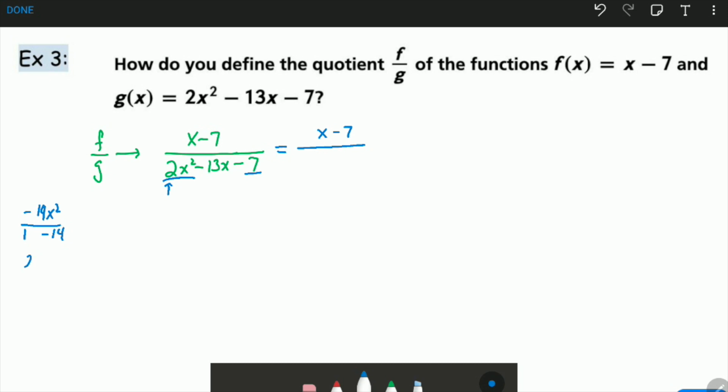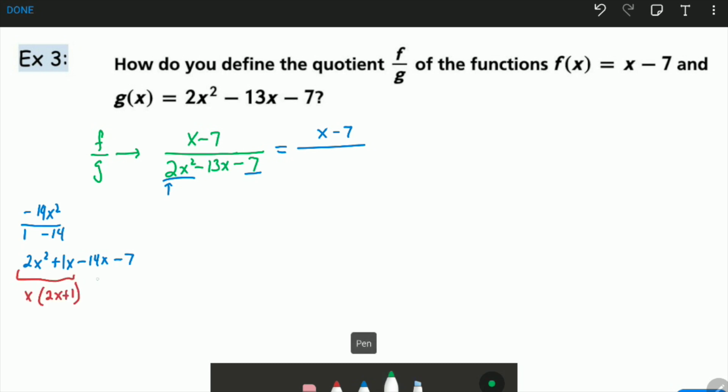We're using the factoring by grouping, so 2x squared plus 1x minus 14x minus 7. X is the common monomial for the first two terms, giving us 2x plus 1.